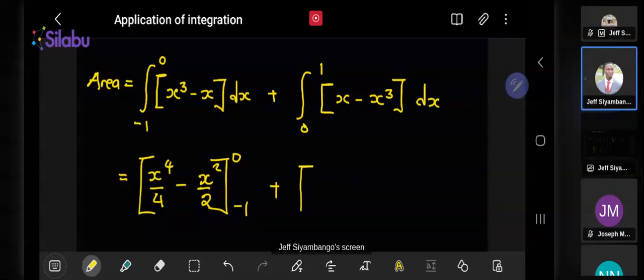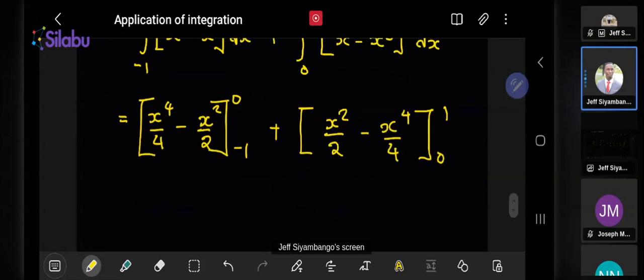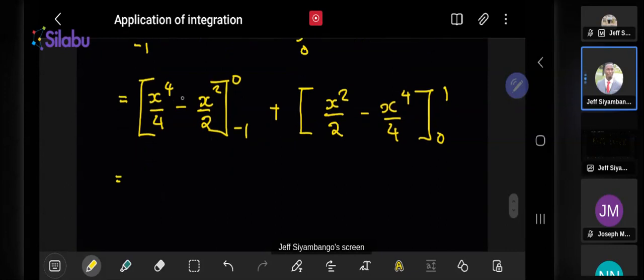Then plus, we have x squared over 2 minus x to the 4 over 4, from 0 to 1. Insert the limits now. When x is 0, the whole thing just dies out.